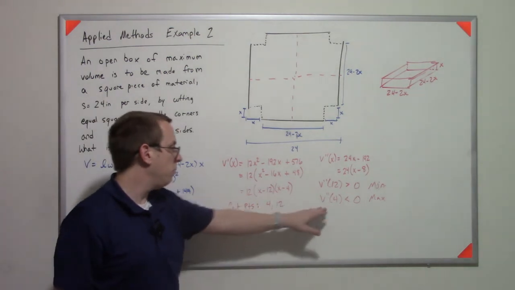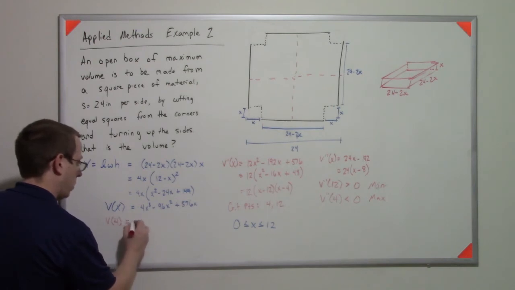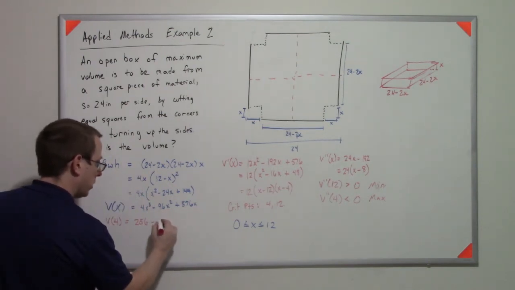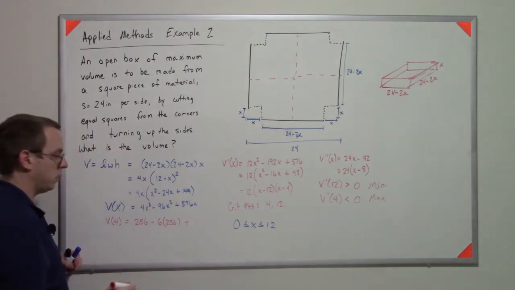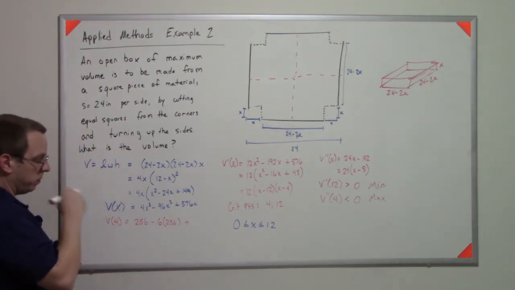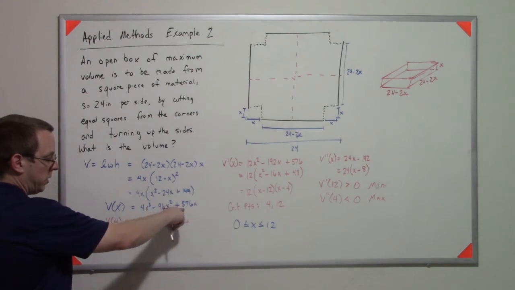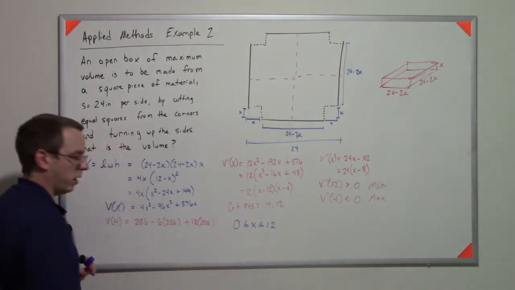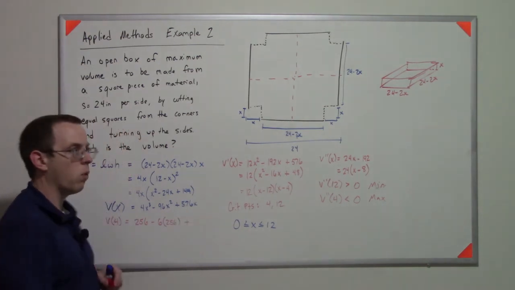If we take this and plug it into the original formula, so we take V of 4, we get 256 minus 6 times 256 plus, because that's 6 times 96, trying to figure out how that works.